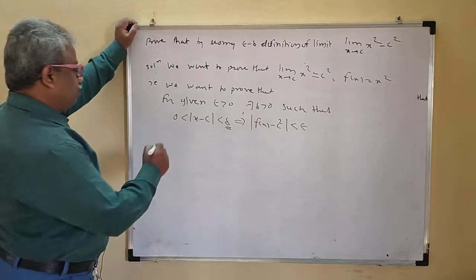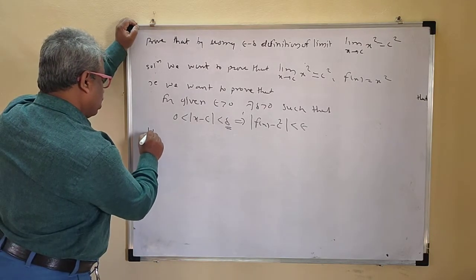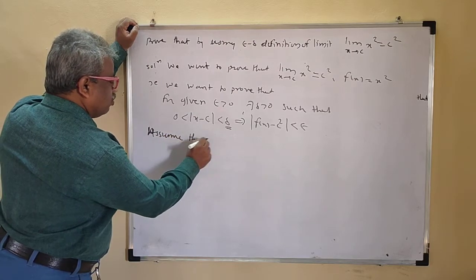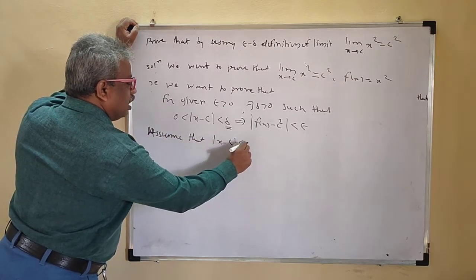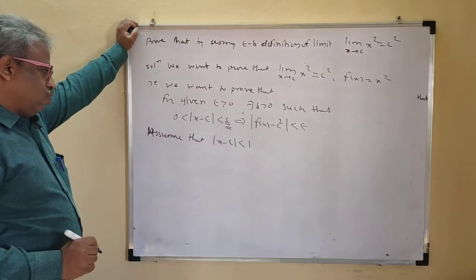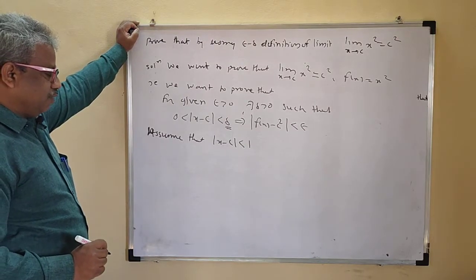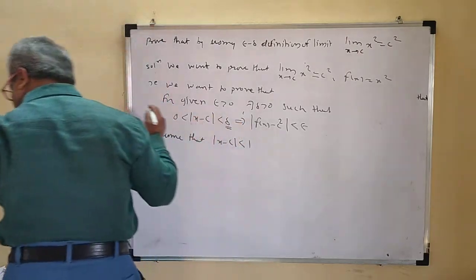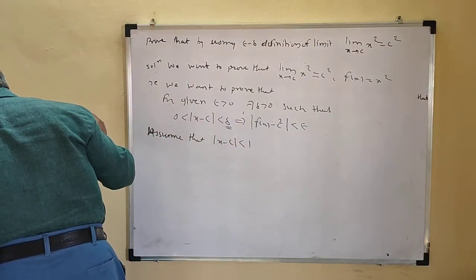Okay, so now we'll assume that mod of x minus c is less than 1.